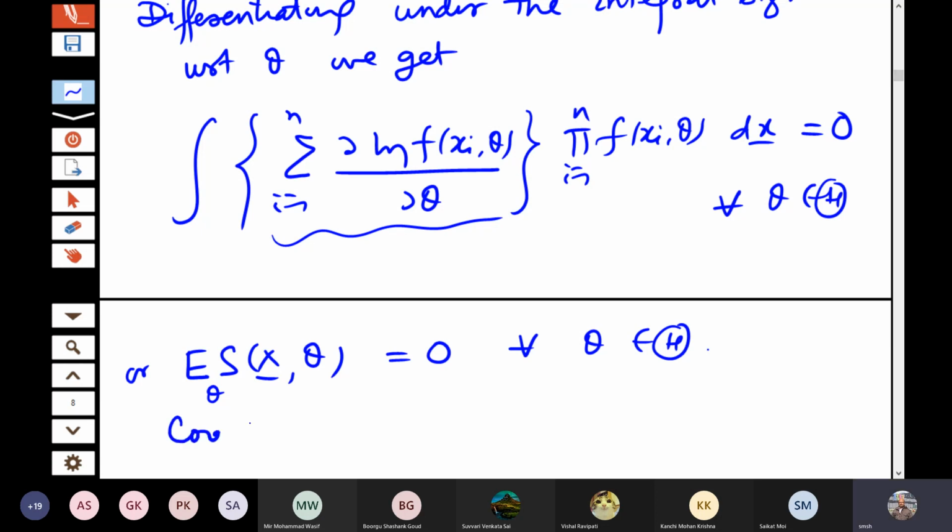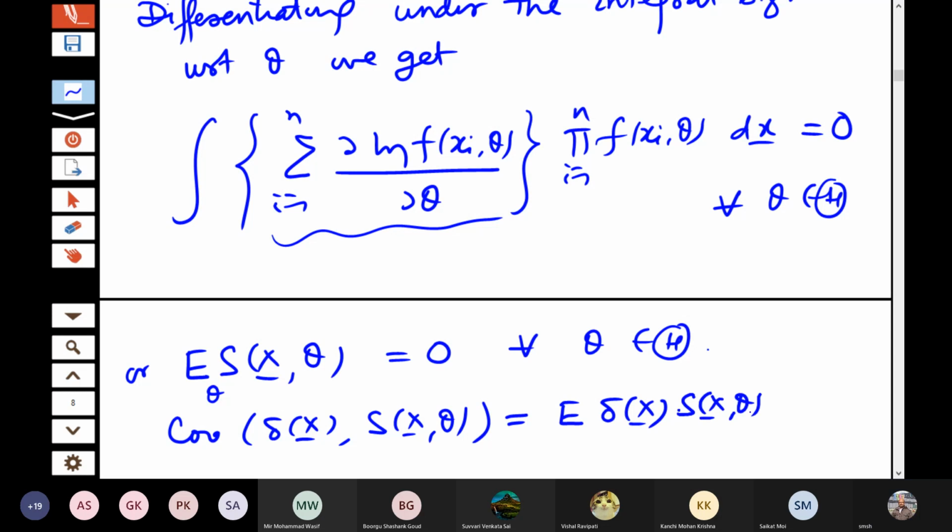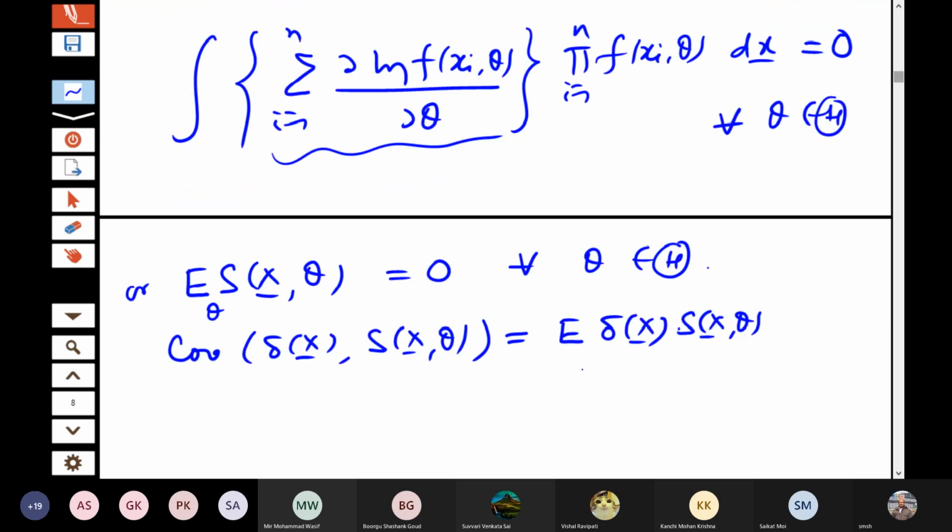Now, if you consider the covariance between delta x and S(x, theta), this is equal to expectation of delta x into S(x, theta), because covariance of x, y is expectation of x into y minus expectation of x into expectation of y.